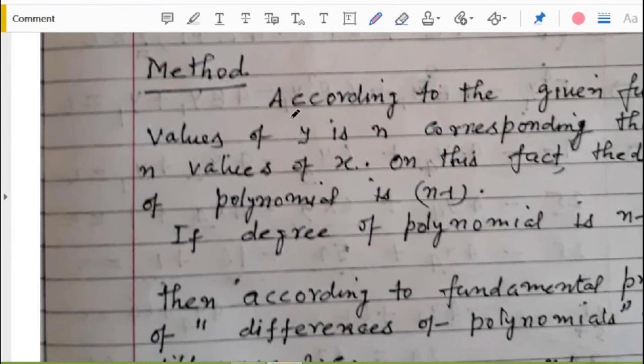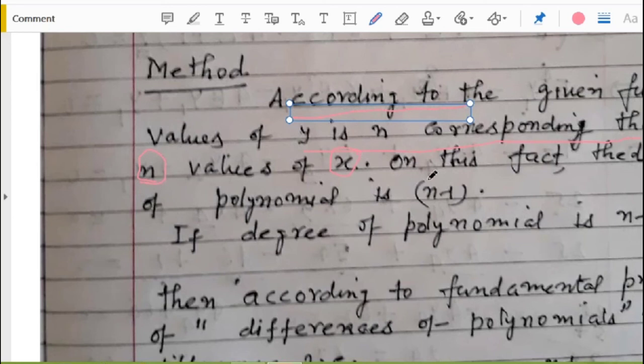According to the given function, how many values are given in the tabulated set or data set? There are n values, n values of y corresponding to n values of x. This data set is given.